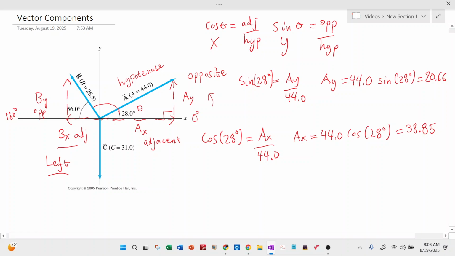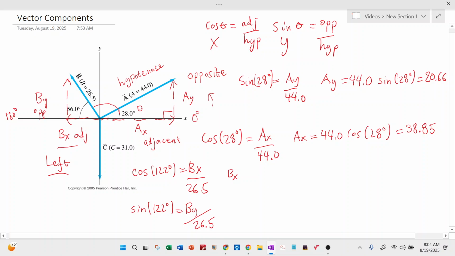So I can calculate Bx by saying that cosine of 122 degrees equals Bx over 26.5. And I can calculate sine of 122 degrees in a similar fashion. That's going to be By over the magnitude of the actual vector, 26.5.